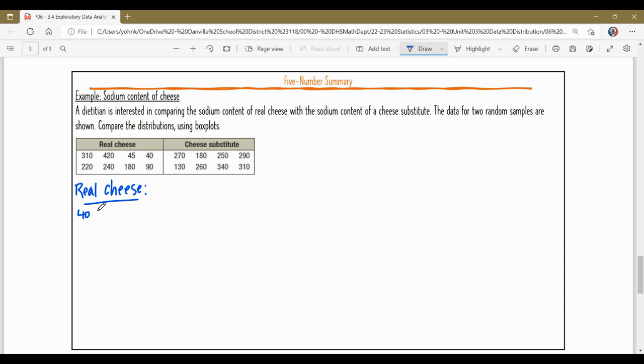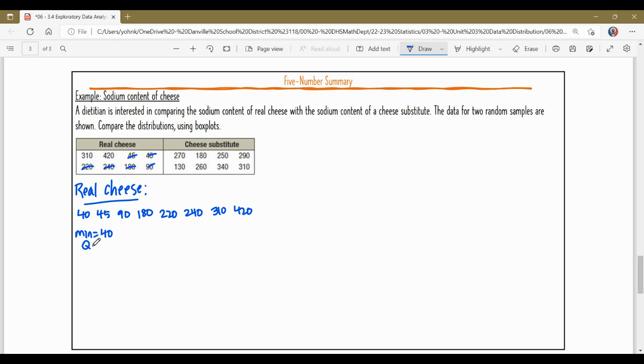So I have 40, 45, 90, 180, 220, 240, 310, and 420. So I need my 5-number summary. The min is 40.